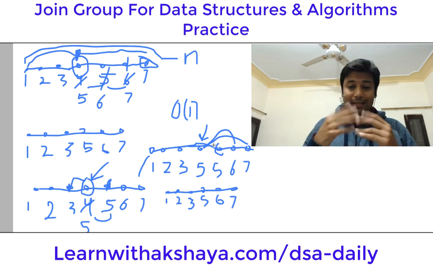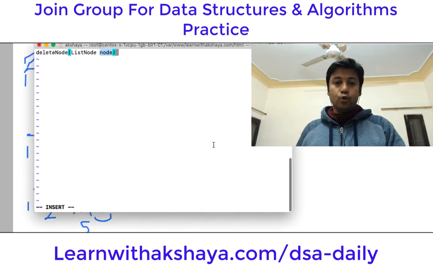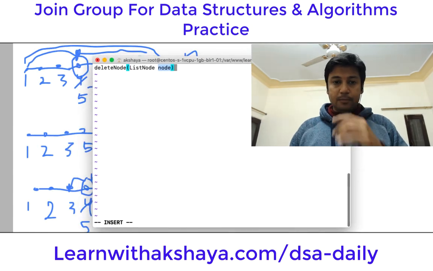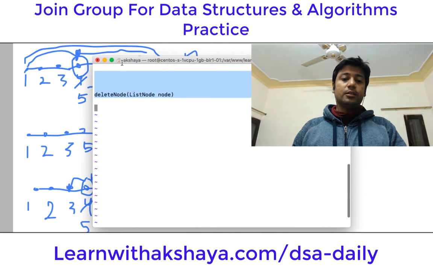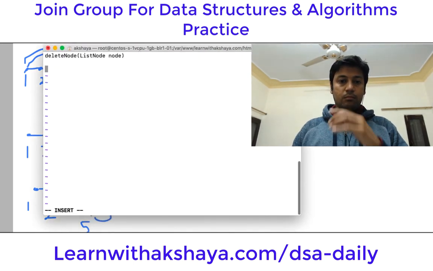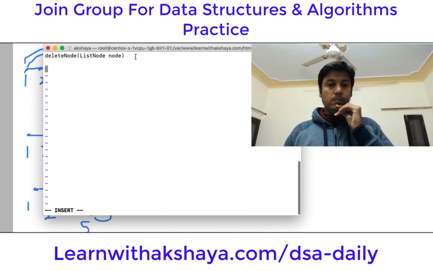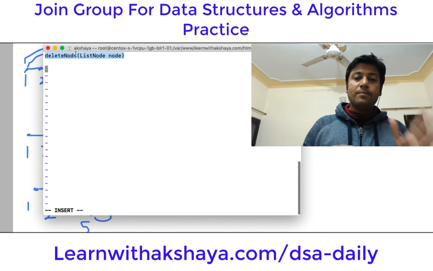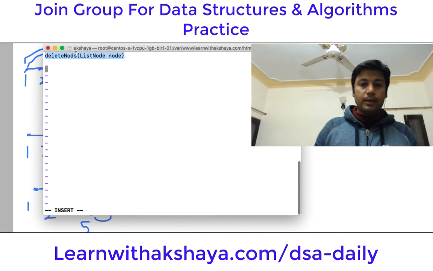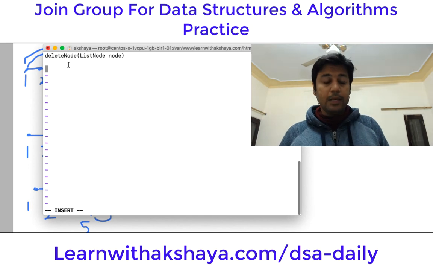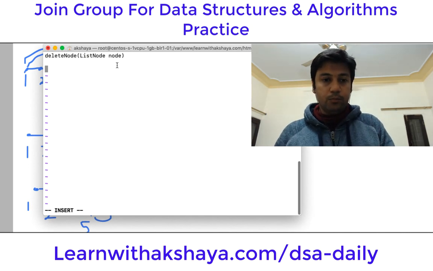Okay, so let's just write down the solution, the pseudocode steps also. It's going to be pretty simple. If this is going to be the signature of the code, this is what we have to do. Okay, let me just show you.